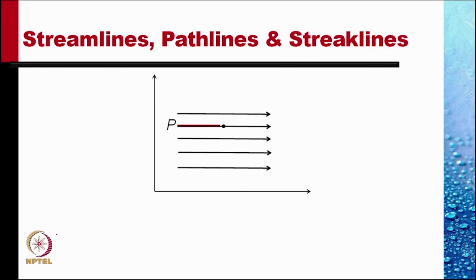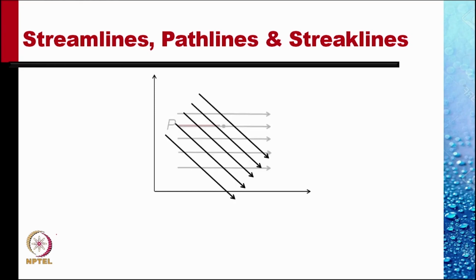Now at time t equal to t0, the direction of the flow changes. And now the flow is inclined at 45 degrees in that direction.